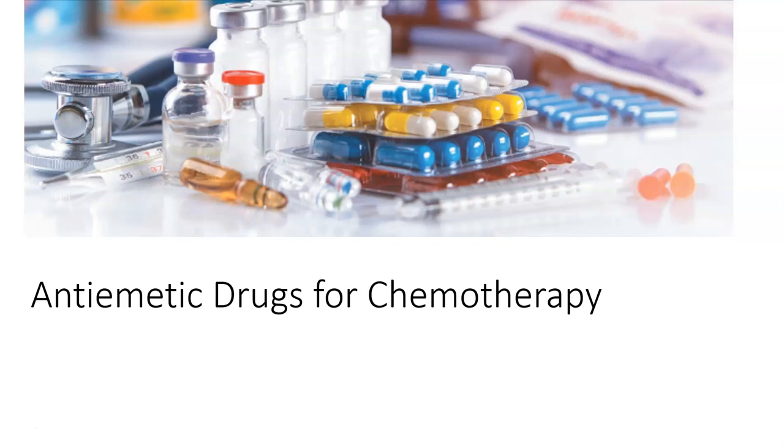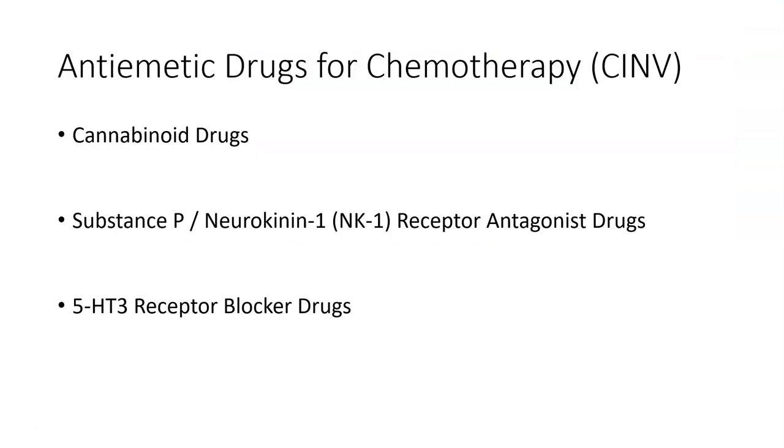But talking about nausea and vomiting, which is very common with chemo drugs, these are going to be used for chemo-induced nausea and vomiting. We can use cannabinoid drugs, which we talked about in the GI system, and I also was just discussing in Chapter 9. Substance P neurokinin receptor antagonists, and then 5-HT3 receptor blockers.